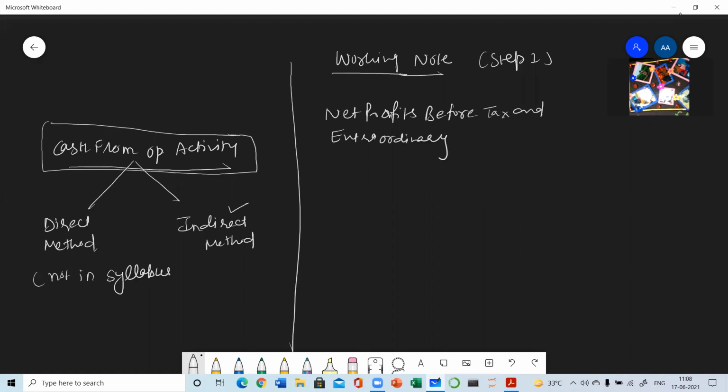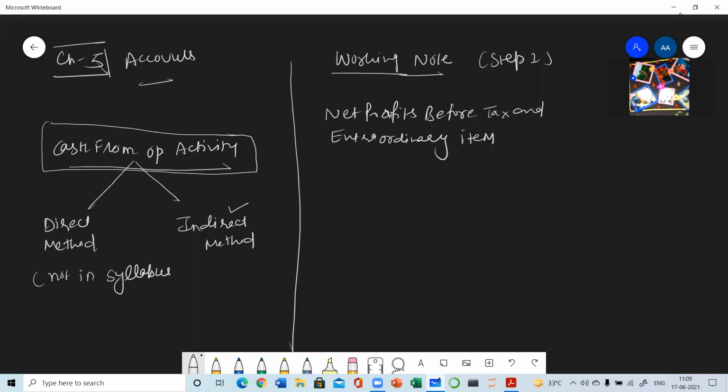So we will assume that whatever profits are given in the balance sheet are profits after tax. If the profits are already given before tax, then the tax treatment will not be done. Clear?